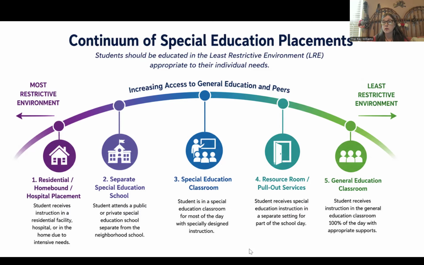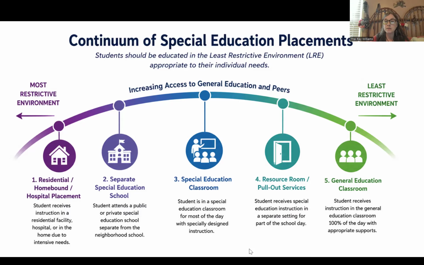as would a student who is receiving services through a homebound placement. Now, I don't want to confuse homebound with homeschool. They're two completely different things. Homebound services is when a special education teacher goes to the student's home and provides those services in their home. Very restrictive environment, as is a hospital placement.